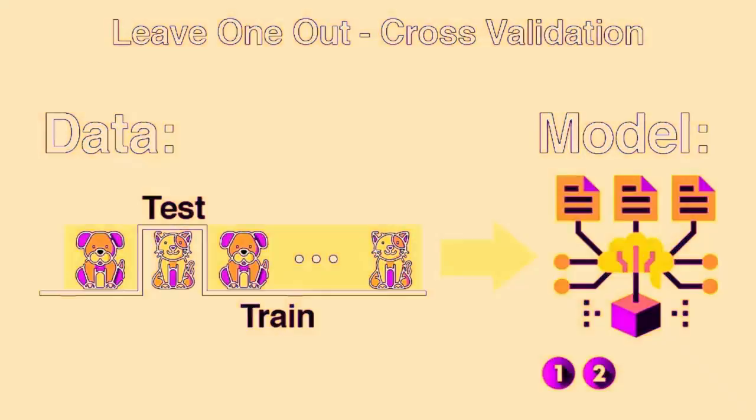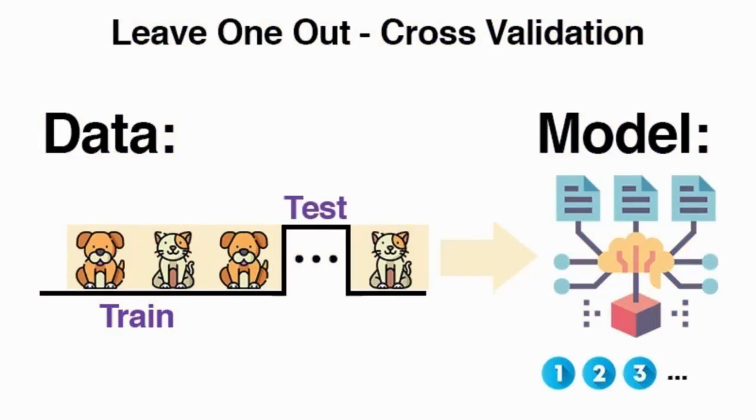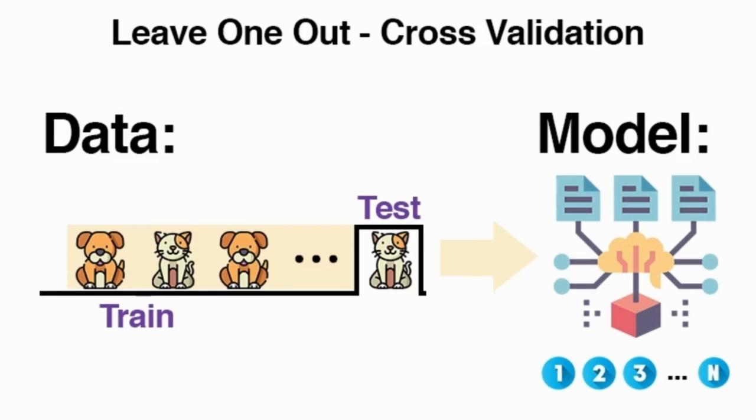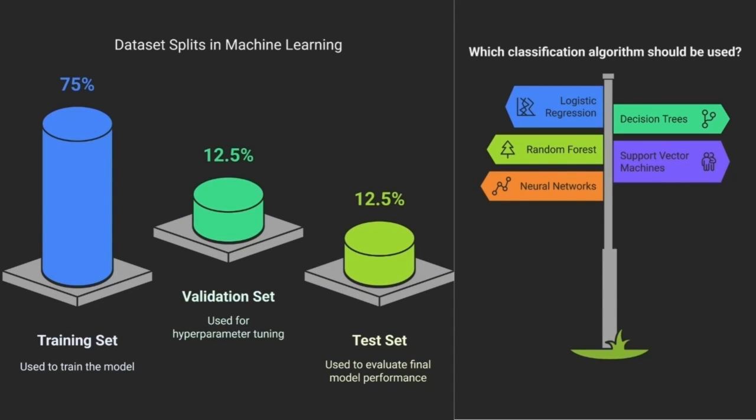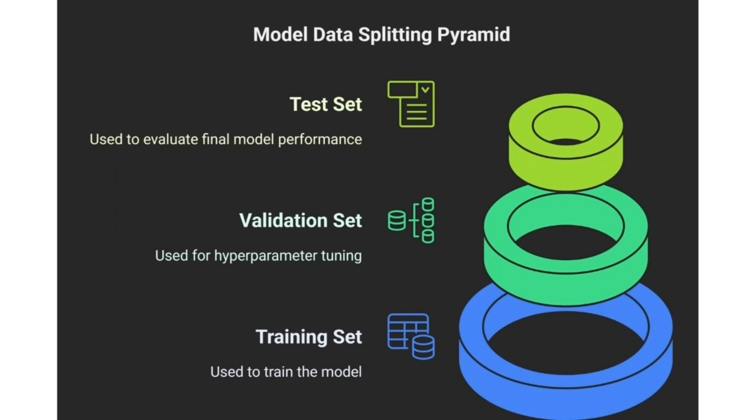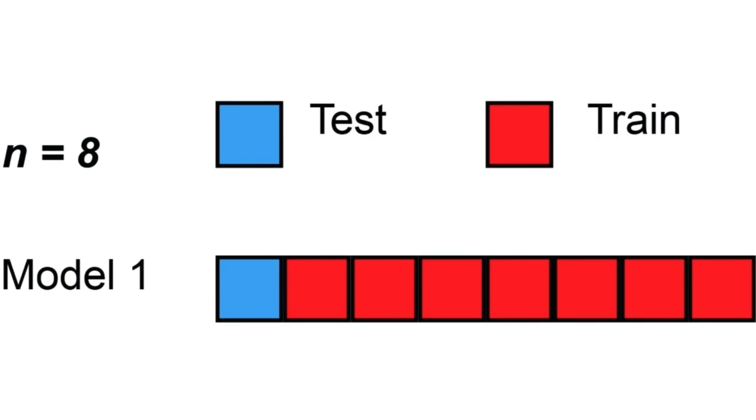Data splitting: training, validation, and test split. To build an effective supervised learning model, the dataset is typically divided into three subsets: training, validation, and test sets. The training set, which constitutes about 70 to 80% of the data, is used to train the model by learning patterns from input features.